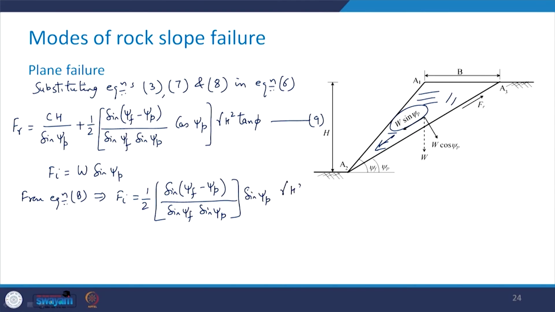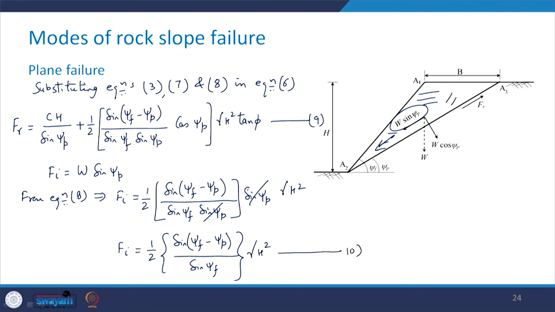This is gamma h square, and this will get cancelled out. So, you will get Fi as half sin psi f minus psi p divided by sin psi f, this whole quantity multiplied by gamma h square. This is going to be our equation number 10.